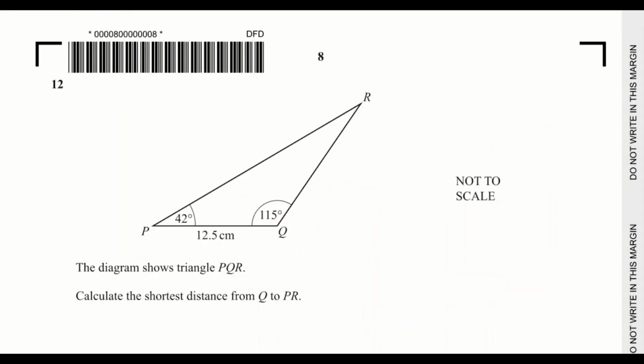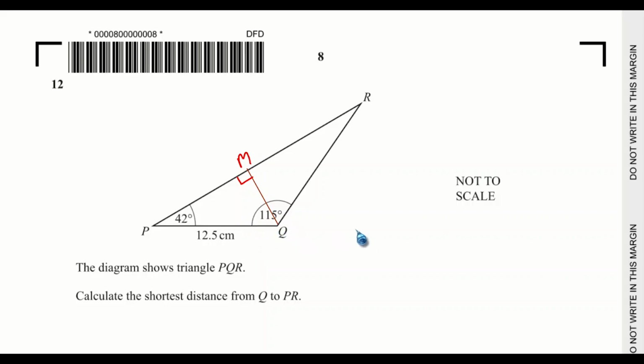So the diagram shows triangle PQR. Calculate the shortest distance from Q to PR. So it will be this vertical line from here. You may want to label this point M. By using SOHCAHTOA, you can use this one. So this will be a right angle here. We have the opposite over the hypotenuse, so that is MQ over this.